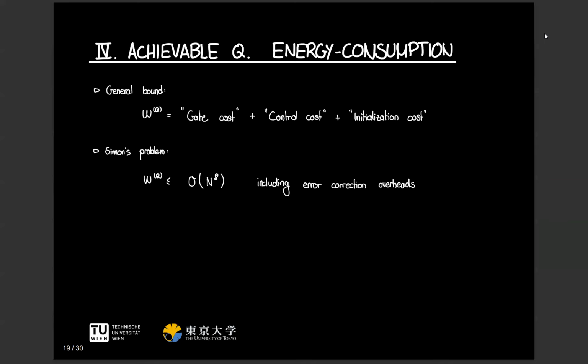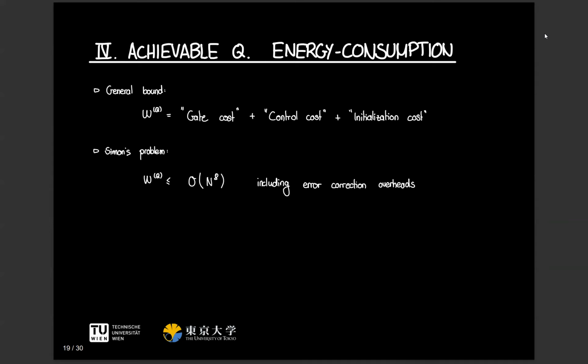So summarizing all these costs for the quantum case, we had a sum of achievable gate cost, of achievable control cost, and of achievable initialization cost in the erasure, including fault tolerance. Now the question is, the quantum algorithm solving this Simon's problem, how many gates and how many qubits does it require to solve this computational problem with high success probability.